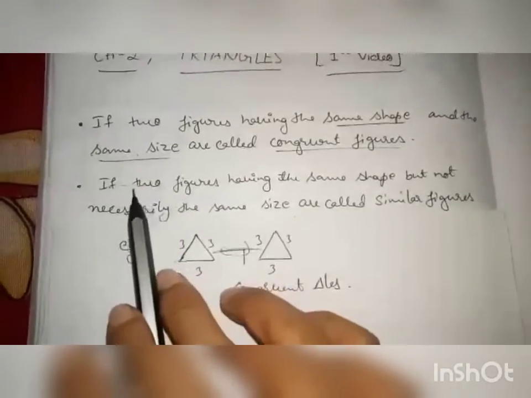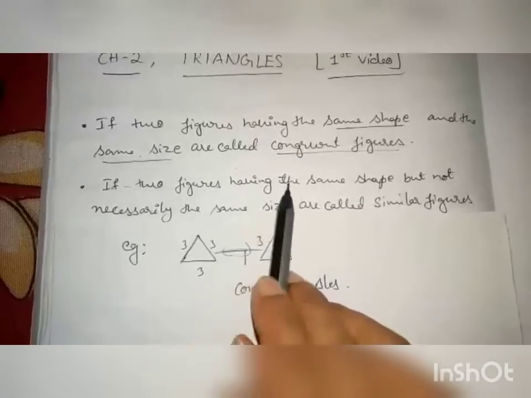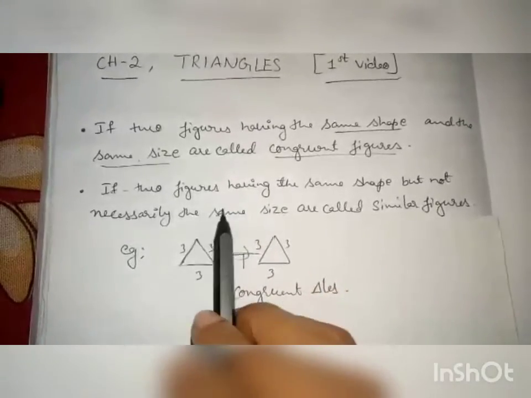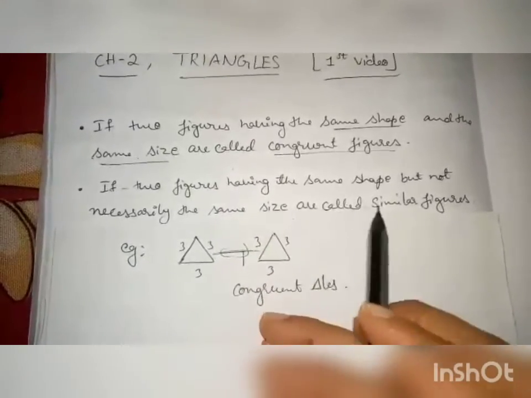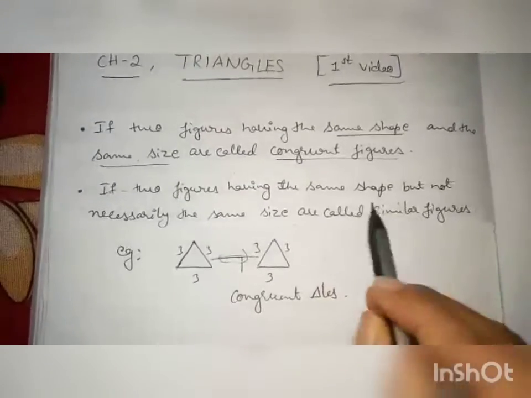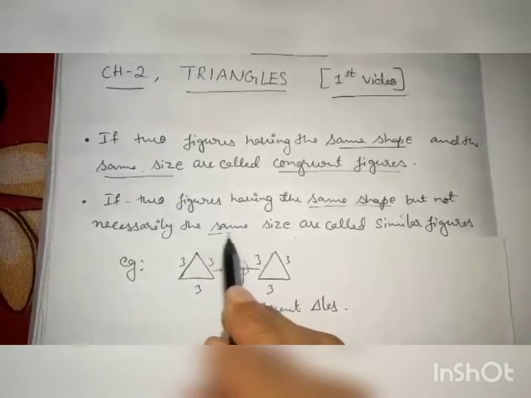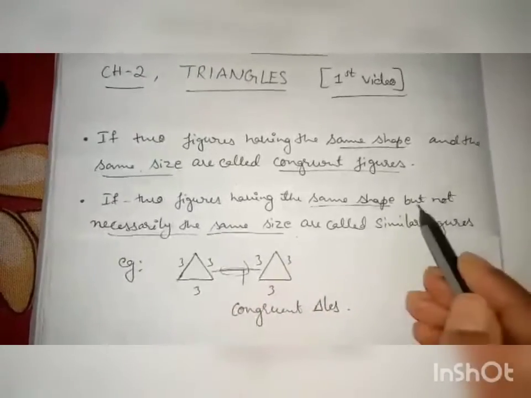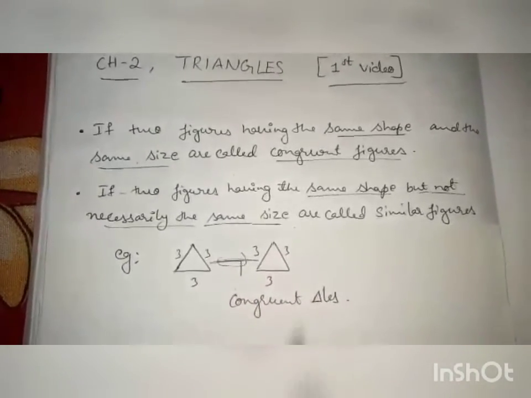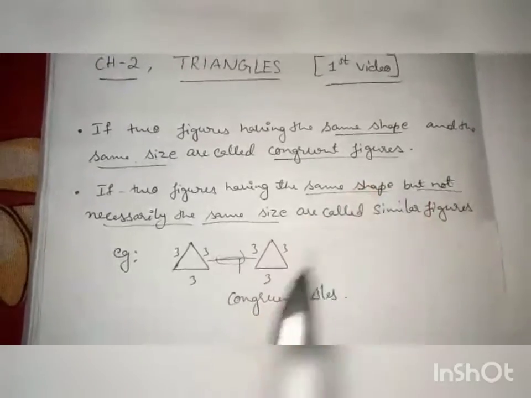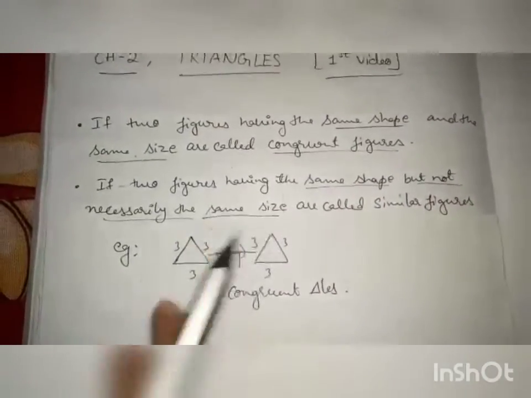Then if two figures have the same shape but not necessarily the same size, they are called similar figures. Same shape but not necessarily the same size. So similar triangles means same shape but not the same size.